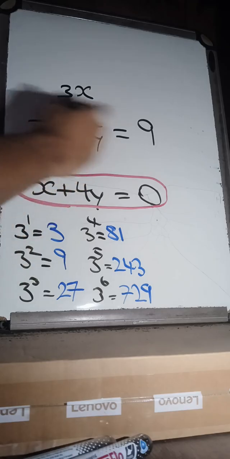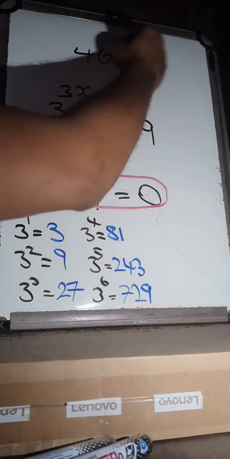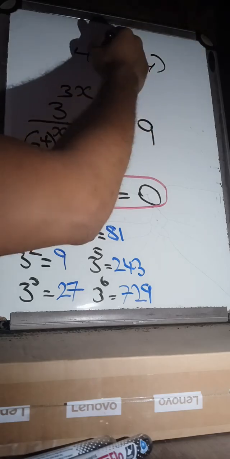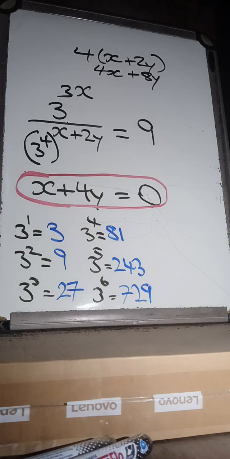However, if we think about the distributive property, 4 is being multiplied by x plus 2y. Does it make sense for me to do that? Yeah, it probably does.